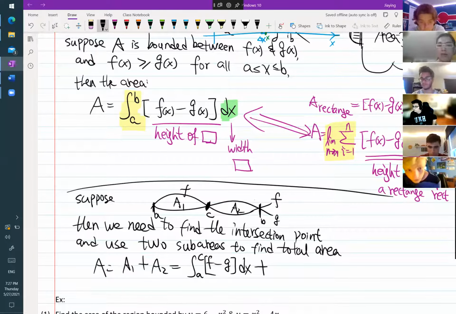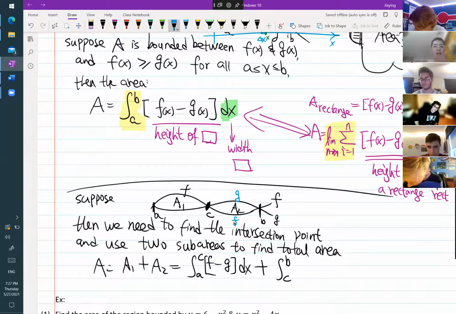Then we add the second part, which is integrating from c to b. Now, in this part, this is f, that's g, so g is actually more than f. So the height of the rectangle, if you draw a rectangle there, is given by g minus f. So g minus f dx.